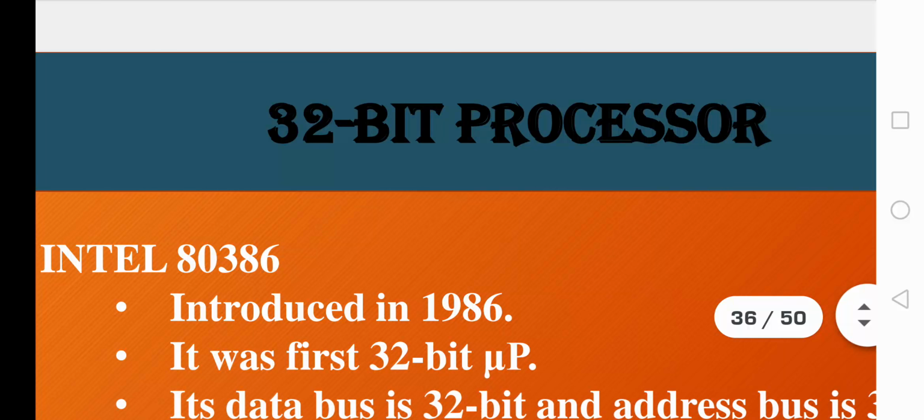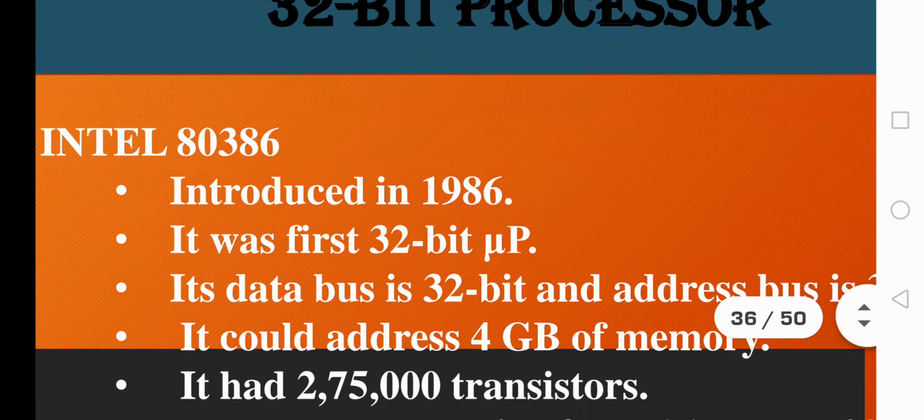Now we are going to start with the 32-bit microprocessor. The first 32-bit microprocessor invented by Intel is the 80386.